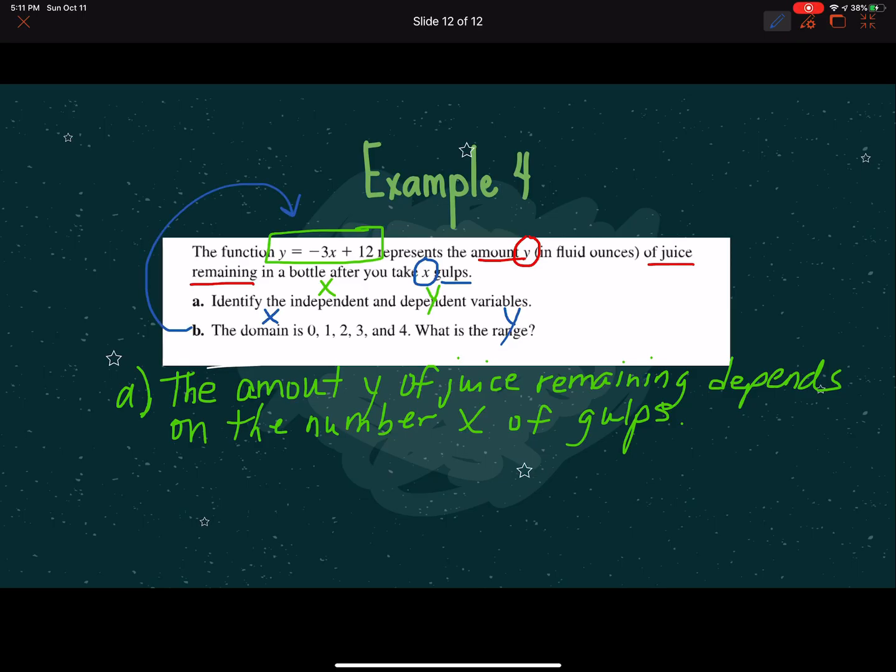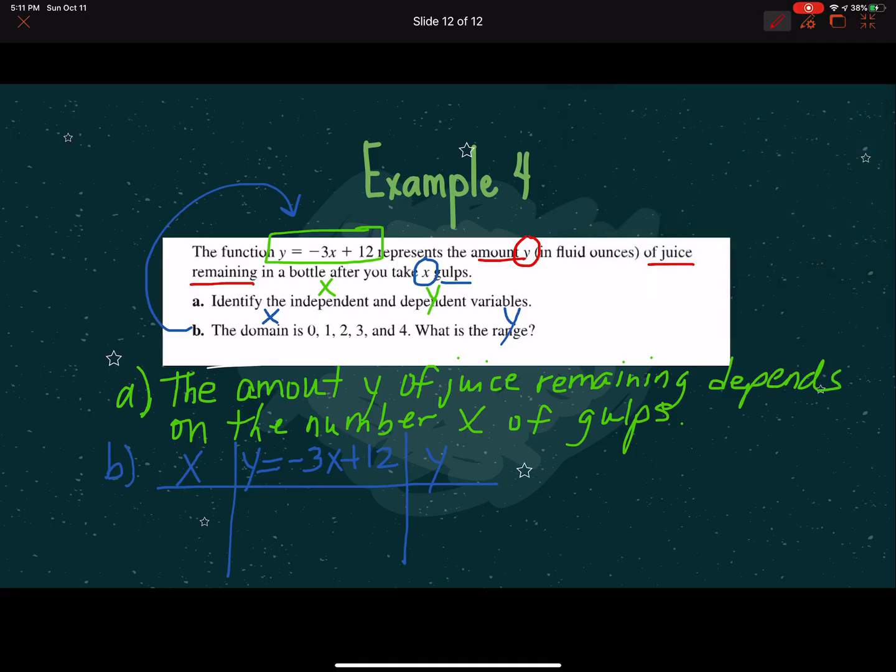One of the ways you can organize this is in a very simple table or chart. If they are giving us the x and we're calculating the y, we're simply going to put into our table or chart the function itself. So y equals negative 3x plus 12. And we're going to calculate our y, or our range.